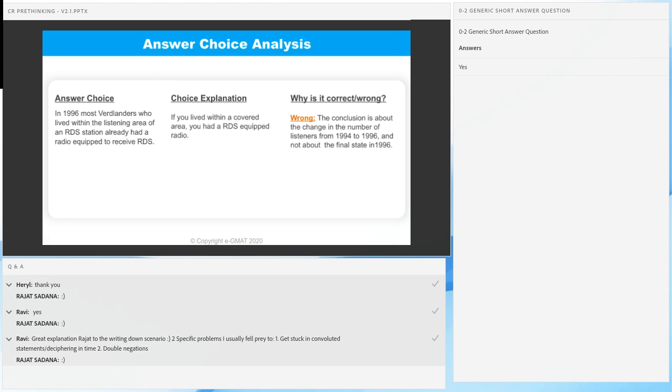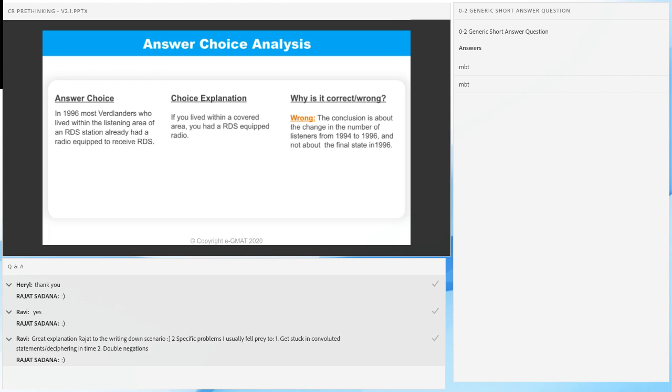Choice B says, in 1996, more Verlanders who lived within the listening area of an RDS station already had a radio equipped to receive RDS. Okay. What's my definition of an assumption? It must satisfy the must be true condition. New information that satisfies must be true.